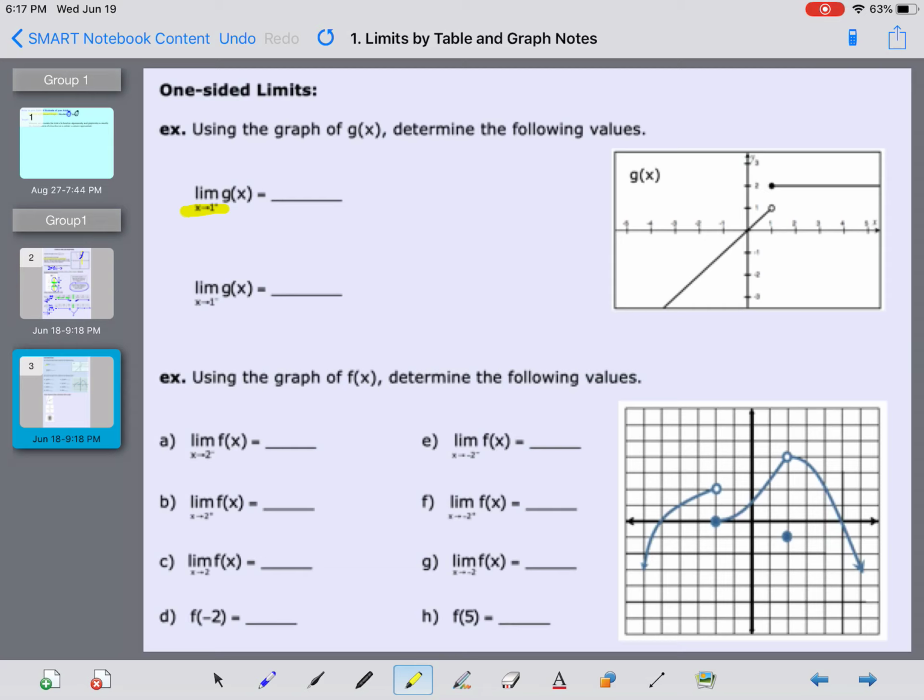If there's a plus, what that means is we're approaching from the right. So we're approaching 1. Because 1 is the value. It's not a positive one, but it's just we're approaching that number from the right.